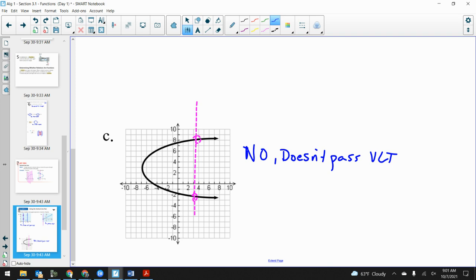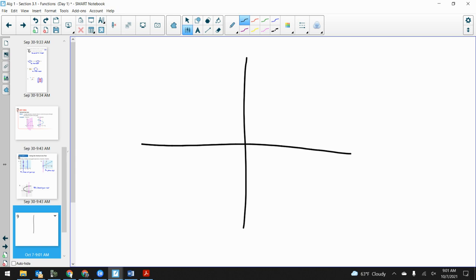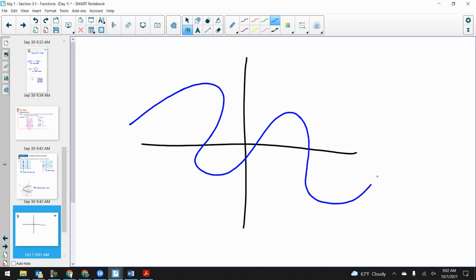To re-emphasize my point about the fact that it could look like a function at certain spots, let me take a look at this graph. If this was coming around and it went like this, and then I had that. Maybe you got this weird graph that looks like that. And I said, okay, is this a function? What would you say? No. But wait a second, it only hit once.